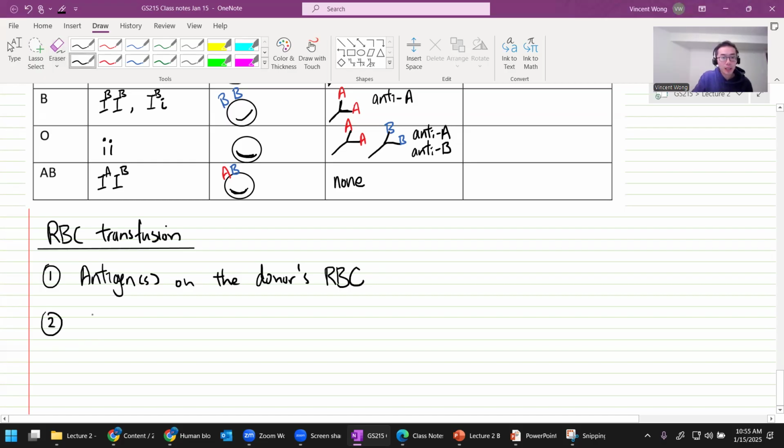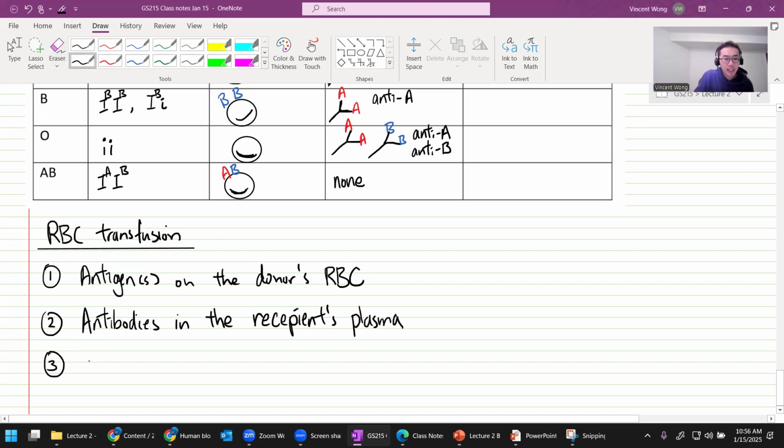Number two, we need to know the antibodies in the recipient's plasma. What kind of antibodies does the person receiving the blood have?